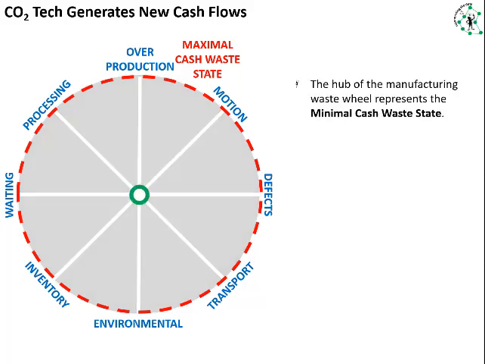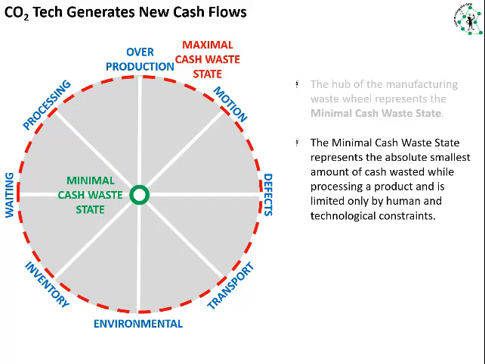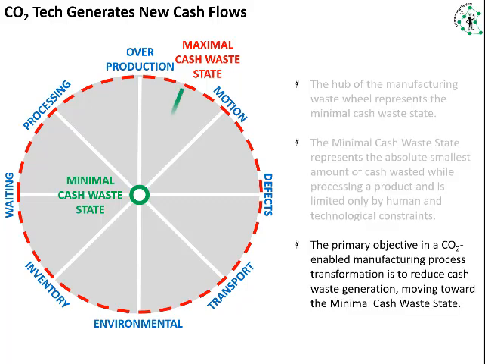The hub of the manufacturing waste wheel represents the minimal cash waste state. The minimal cash waste state represents the absolute smallest amount of cash wasted while processing a product and is limited only by human and technological constraints. The primary objective in a CO2-enabled manufacturing process transformation is to reduce cash waste generation, moving toward the minimal cash waste state.